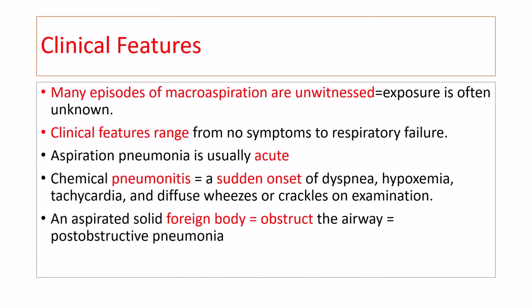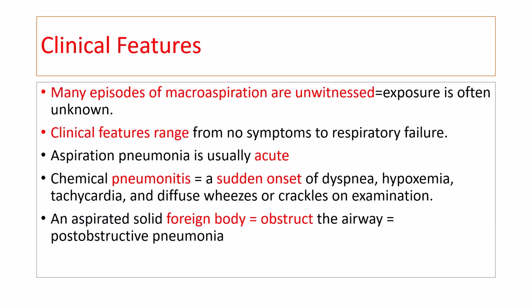Clinical features. Many episodes of macroaspiration are unwitnessed; therefore, the magnitude of the exposure is often unknown. Clinical features range from no symptoms to severe distress with respiratory failure, and the clinical consequences may develop acutely, subacutely, or slowly and progressively. Aspiration into the lung can affect either the airway, causing bronchospasm, asthma, and chronic cough, or the lung parenchyma.